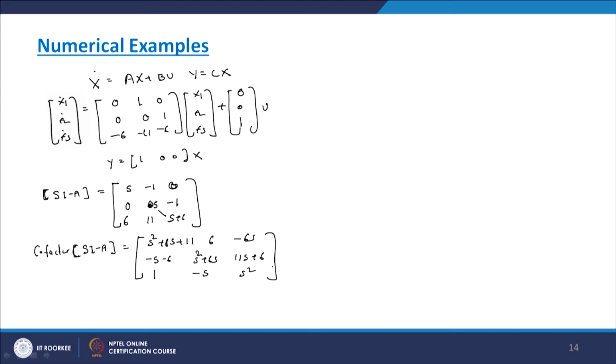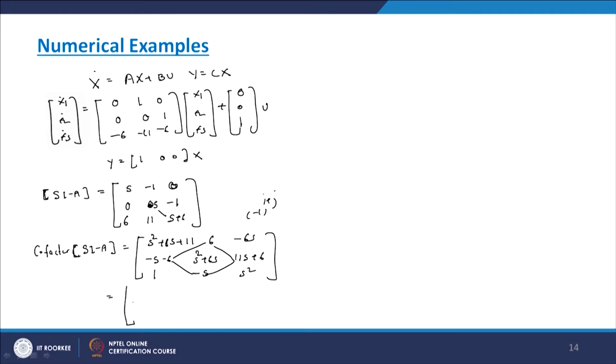Now, afterward, to get the adjoint, we see that the signs of these elements have to be changed, because all these 4 elements lie in this minus 1 raised to i plus j form. Therefore, the adjoint of the elements is nothing but the cofactors transposed.